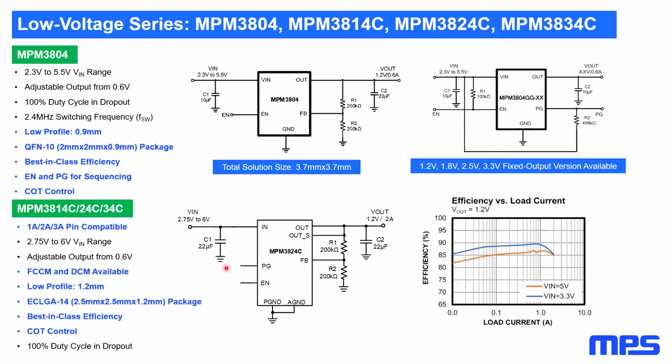As I said before, we integrate the control, the power stage, and the inductor in one single package. All we need in this case is our output voltage divider, our output capacitors, and input capacitors. And as you can see, we maintain a high efficiency very stably through very light loads up to the whole current range.